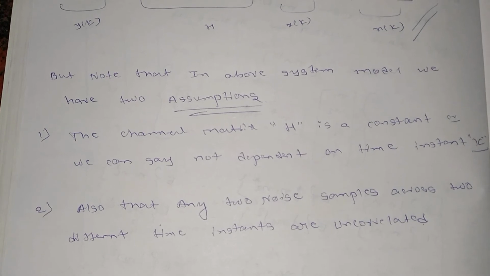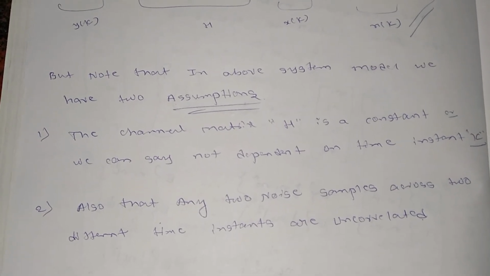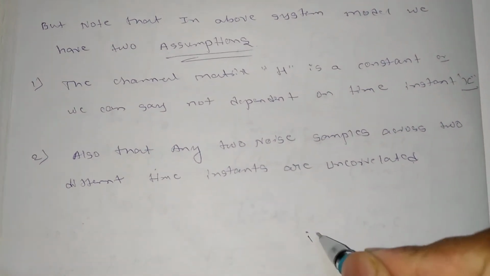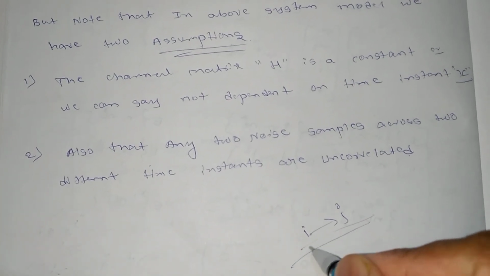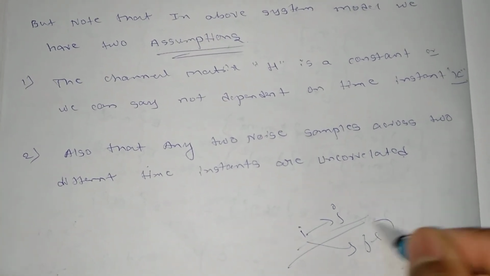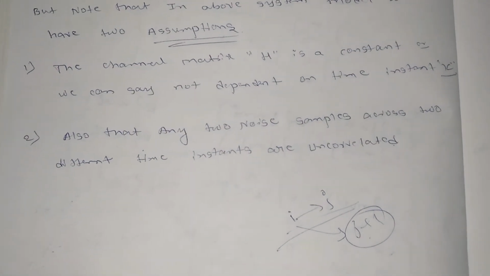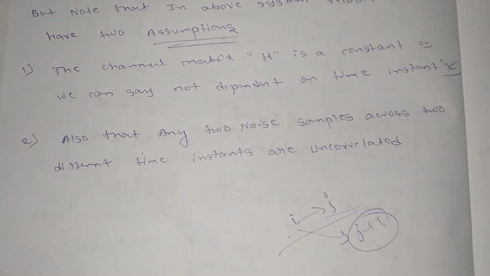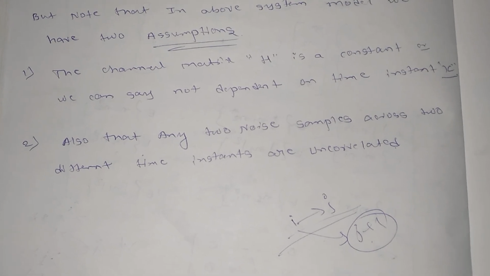Alright, so the next thing we have assumed is that any two noise samples across two different time instants are uncorrelated. So just now I have explained this one. If i equals j, then we will be having correlation only between i and j, and we will not be having any correlation between i and j plus 1. That means the signals in the same time instant will be sharing the correlation, and the signals at different time instants will not share any correlation.